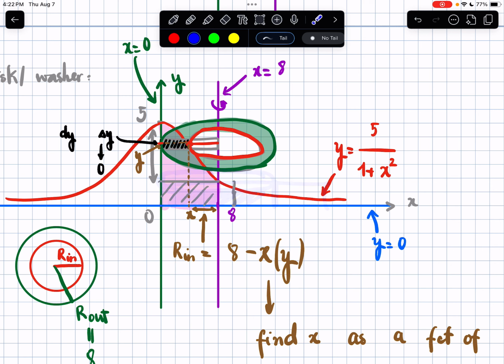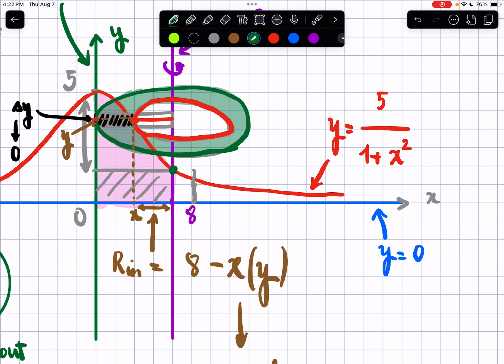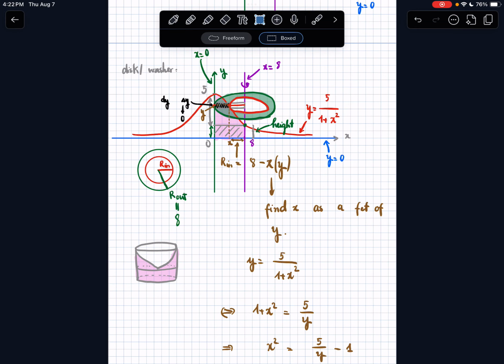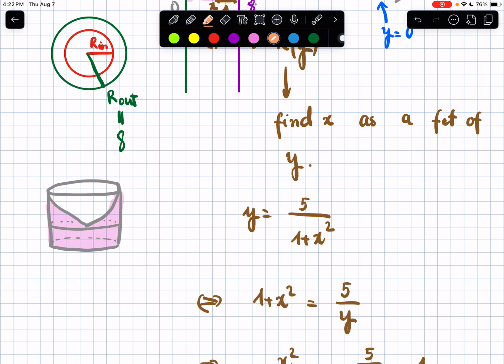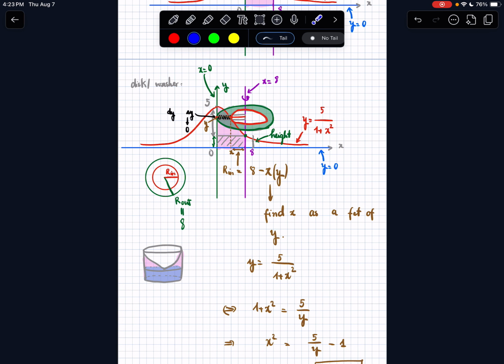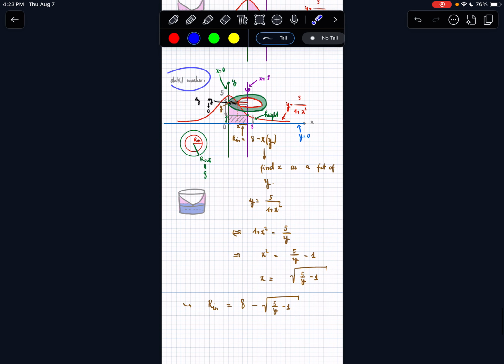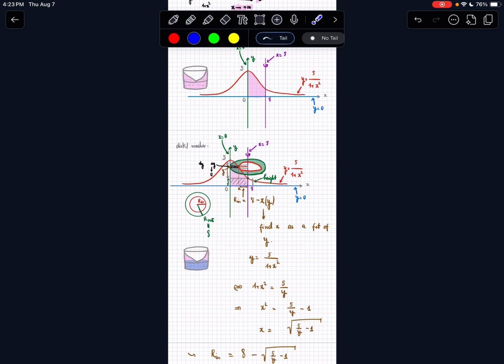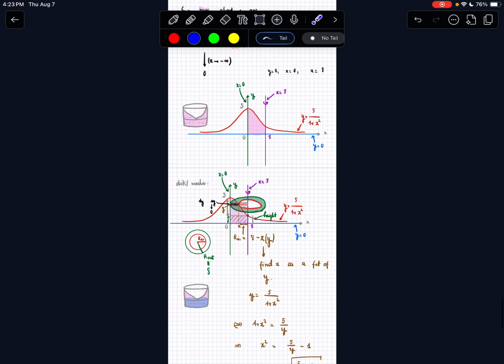We need to compute the coordinates of this point to find the height of this cylinder, and then we can find its volume. That's how we set up the washer method, which is quite complicated. If we encounter this case where we need to find x as a function of y, where the function can be complicated, we should use the shell method, and here's how we do it.